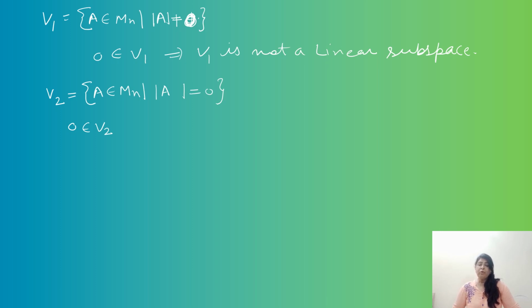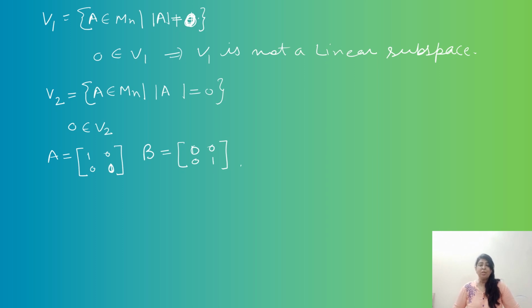So what will we do? We will assume a matrix A of order 2 as 1 0 0 0. Now you can see that its determinant is 0, and then B is equal to 0 0 0 1. Again its determinant is equal to 0.